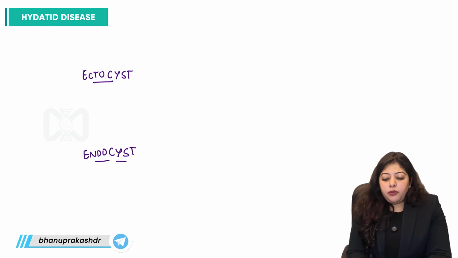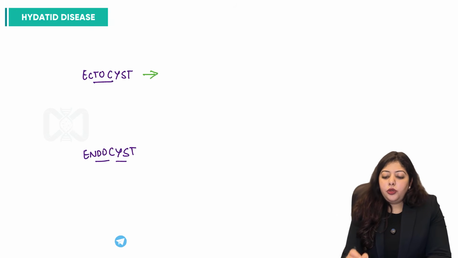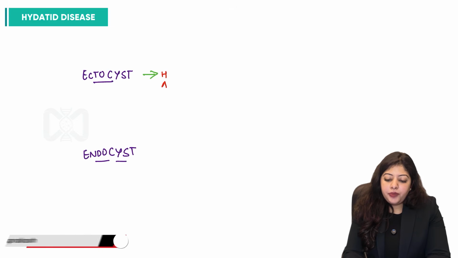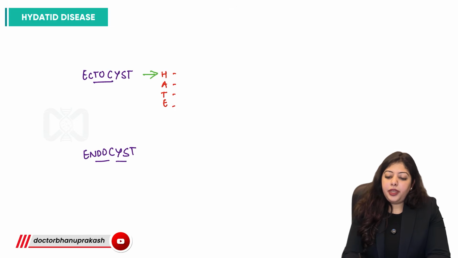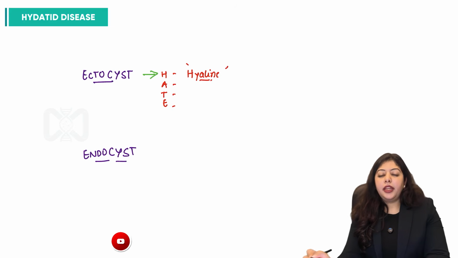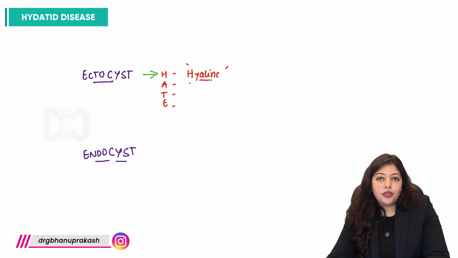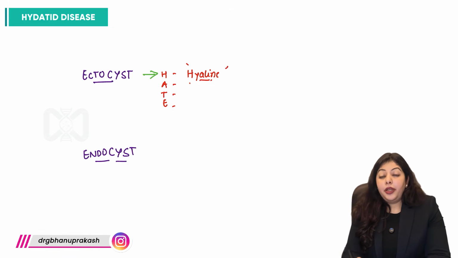So now when we talk about the ectocyst, in order to remember what it is composed of, I have a mnemonic, HATE, right? So HATE firstly stands for hyaline. Remember egg albumin. If we see a raw egg, the albumin looks hyaline, right? So we can remember it with the help of this mnemonic, hyaline. These are acellular.